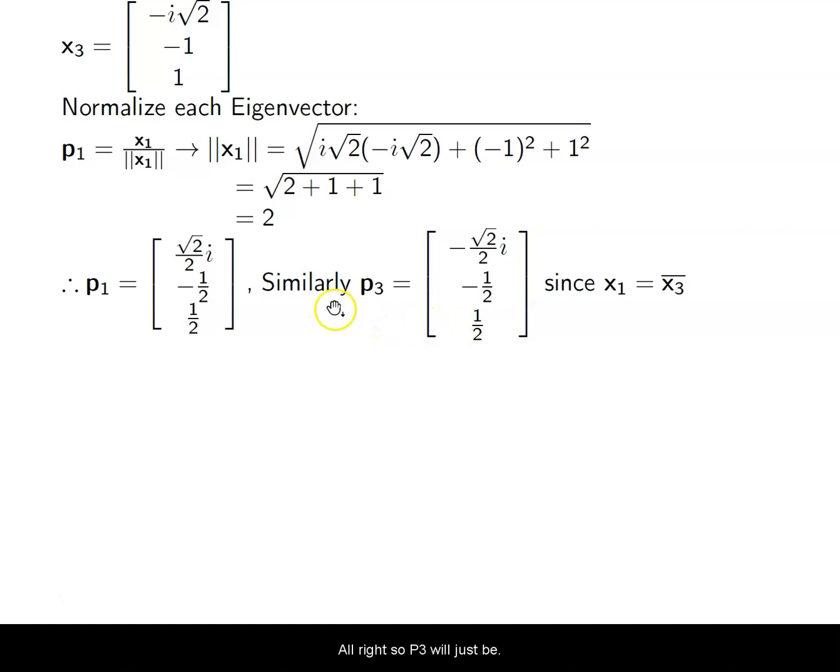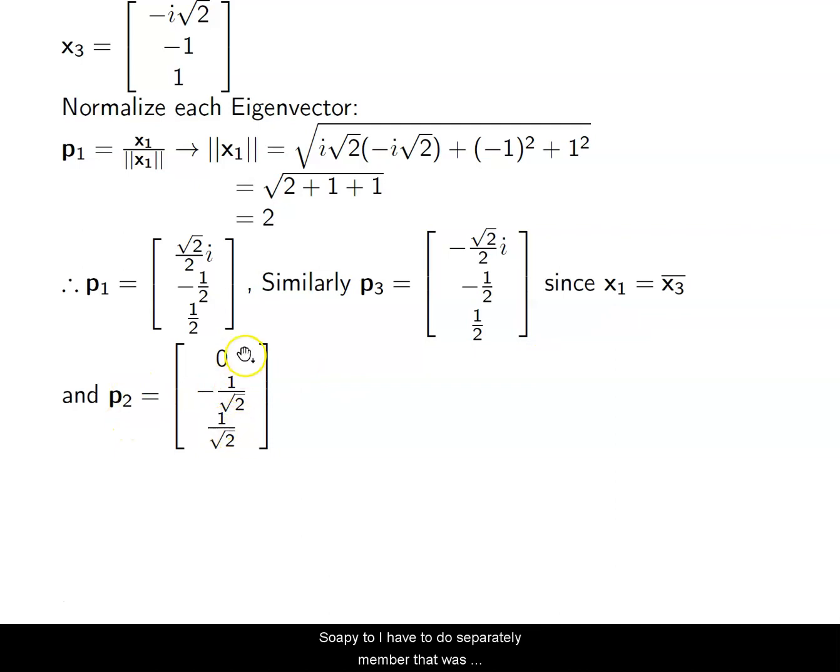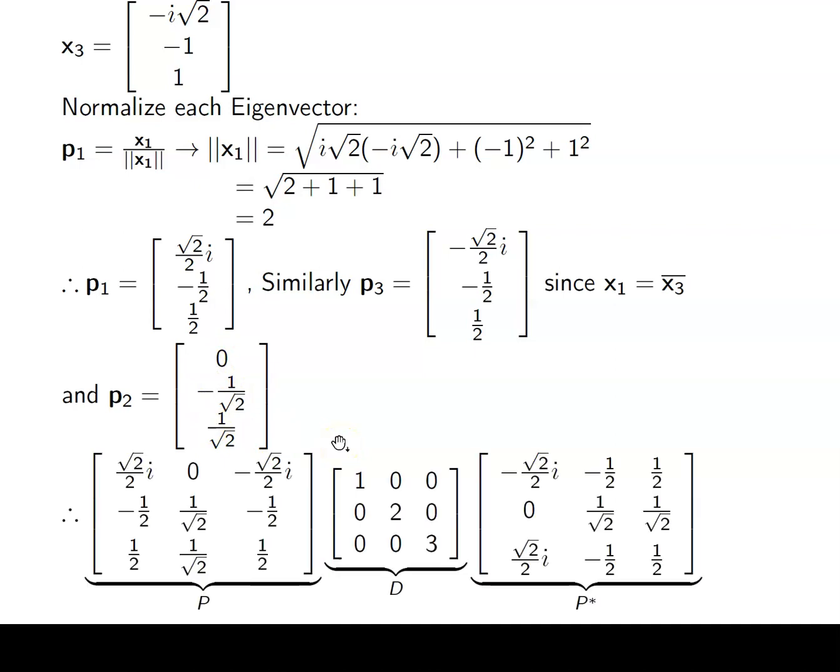So P3 will just be the conjugate of P1, because x1 and x3 are complex conjugates of each other. P2 I have to do separately. Remember that was 0, negative 1, 1. So the length of x2 is root 2, divide everything by root 2. That was an easy one to find as well.